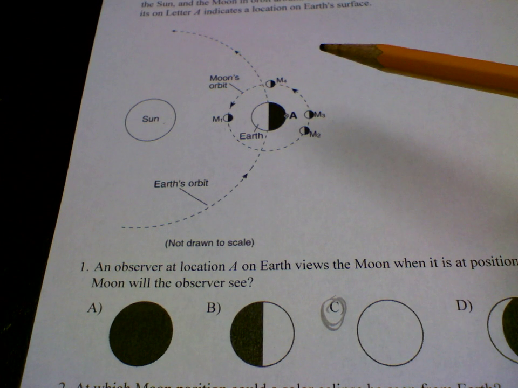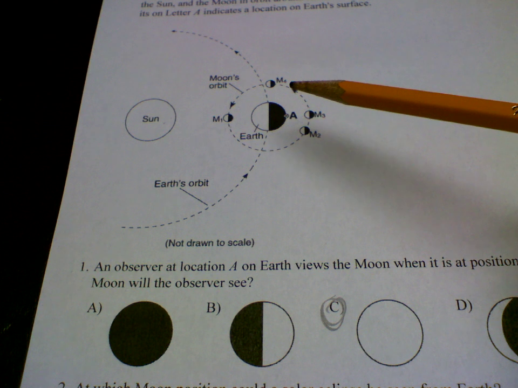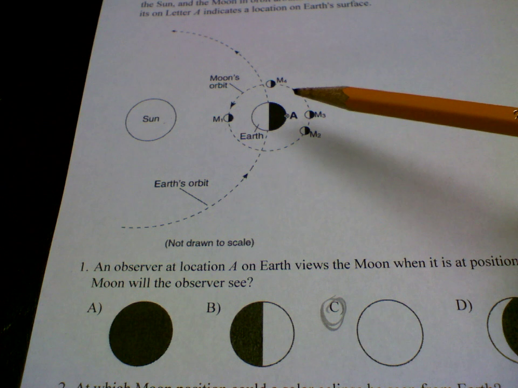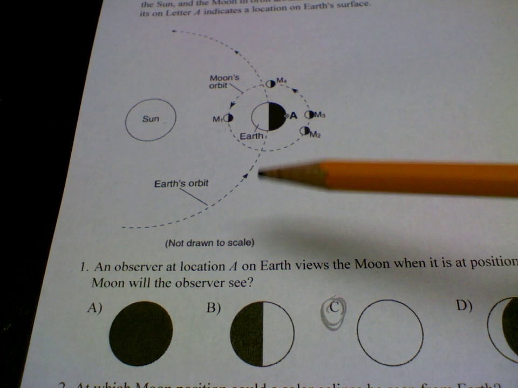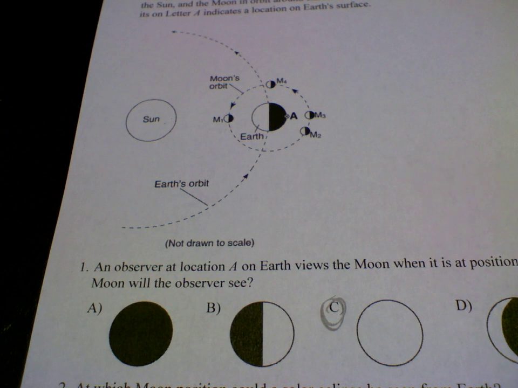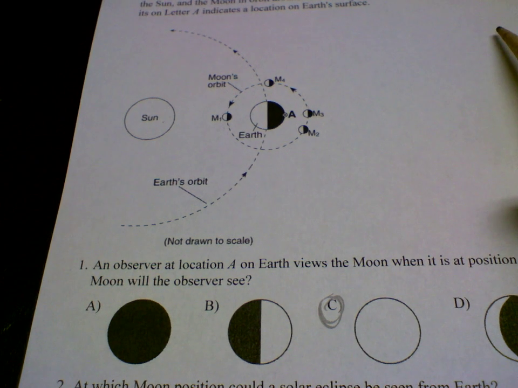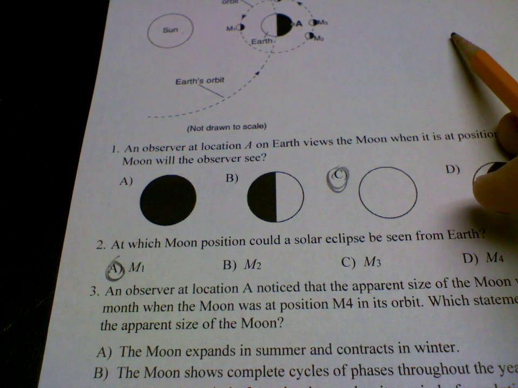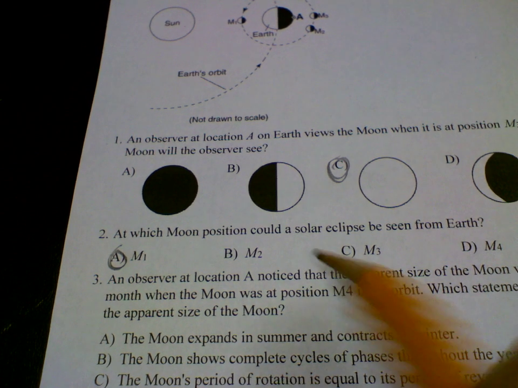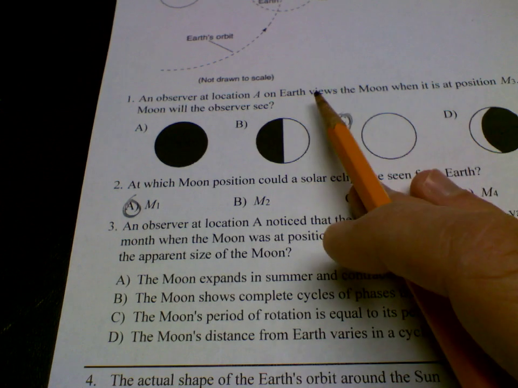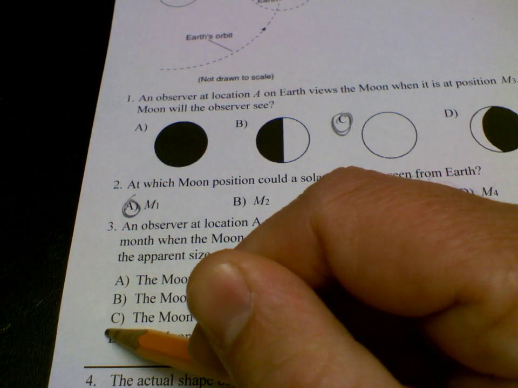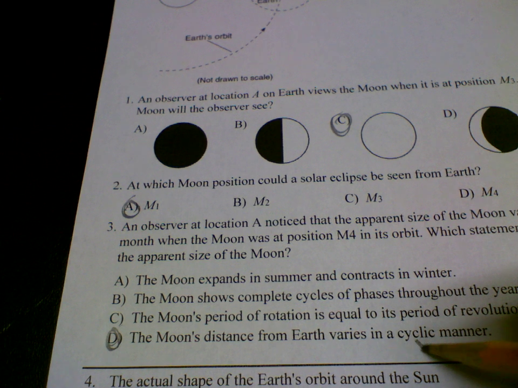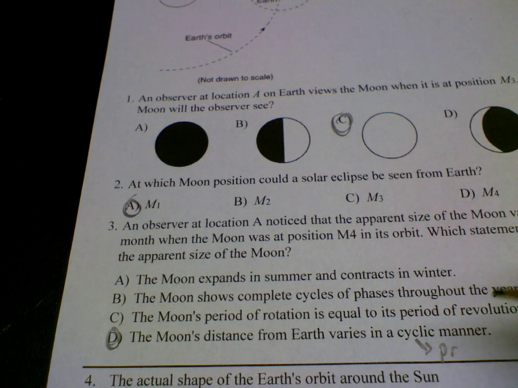Apogee is when the moon is furthest away from Earth, and perigee is when it's closest. And the moon would appear to be larger if it's closer to us. So what affects the apparent size of the moon when we're looking at it would be the moon's distance from Earth. And it actually changes in a cyclic manner. Cyclic means predictable.